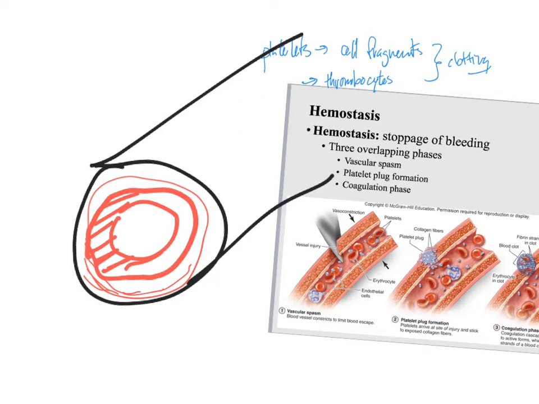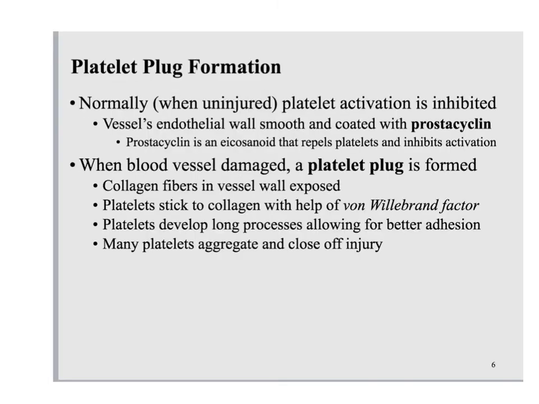I could kink the hose, right? That's what's happening here. The vessels are trying to prevent liquid from flowing through the opening and losing more volume. Okay? Vascular spasm, that's pretty straightforward, right? We're trying to restrict flow so that we don't have excessive blood loss.